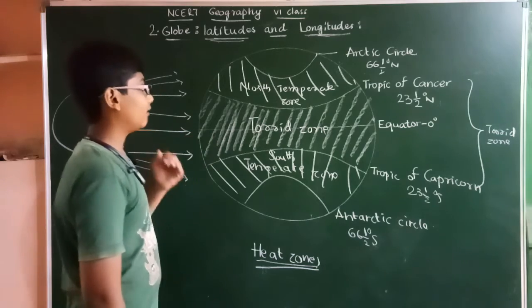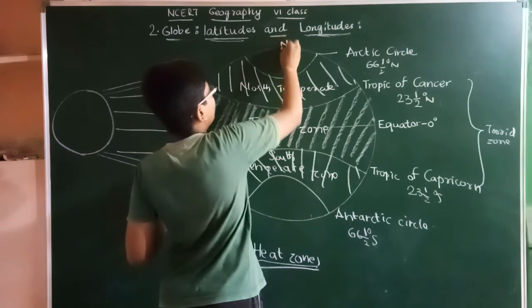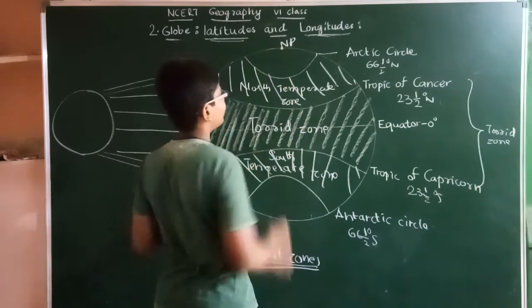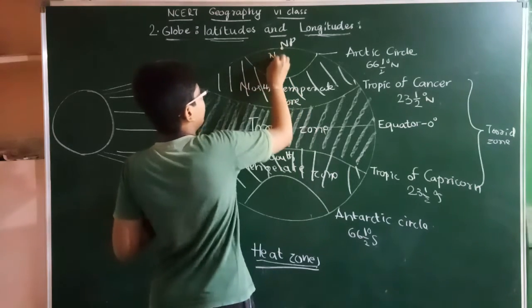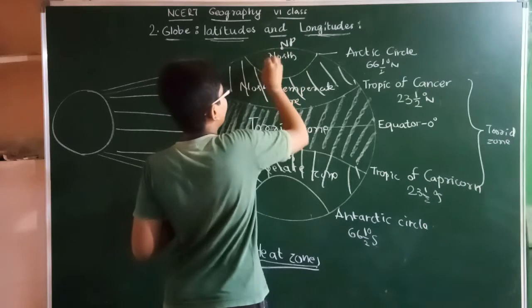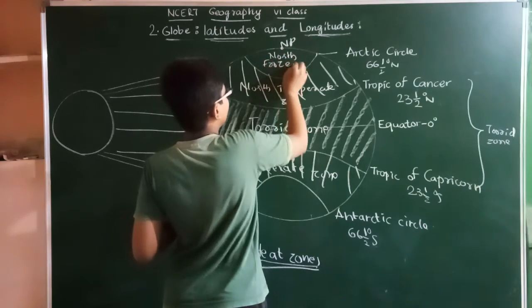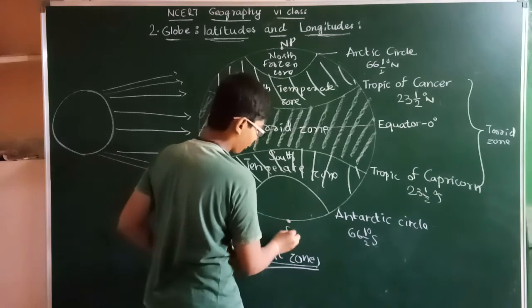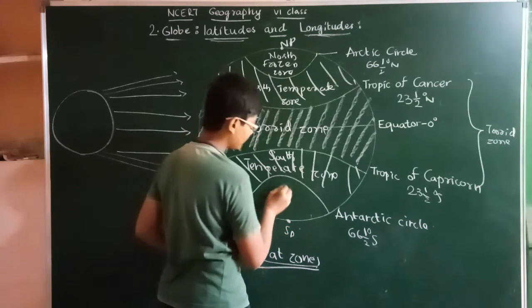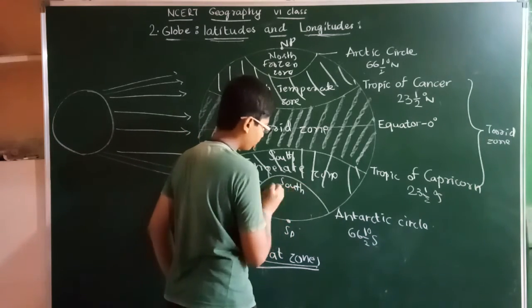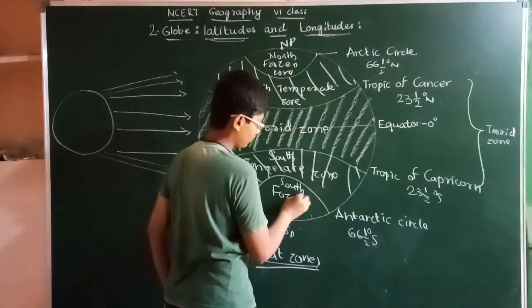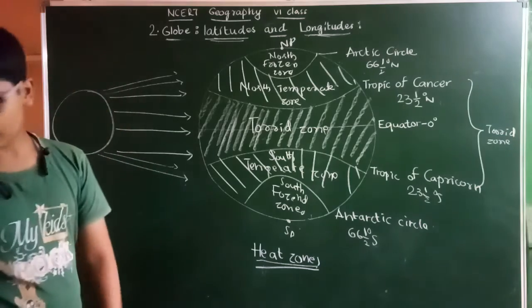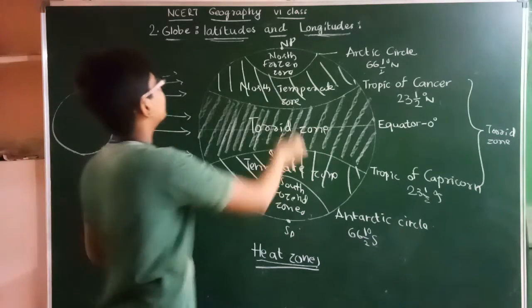Then the area between the North Pole and the Arctic Circle, not shaded, we call the North Frozen Zone. And the area between the Antarctic Circle and the South Pole we call the South Frozen Zone, or also the frigid zone.